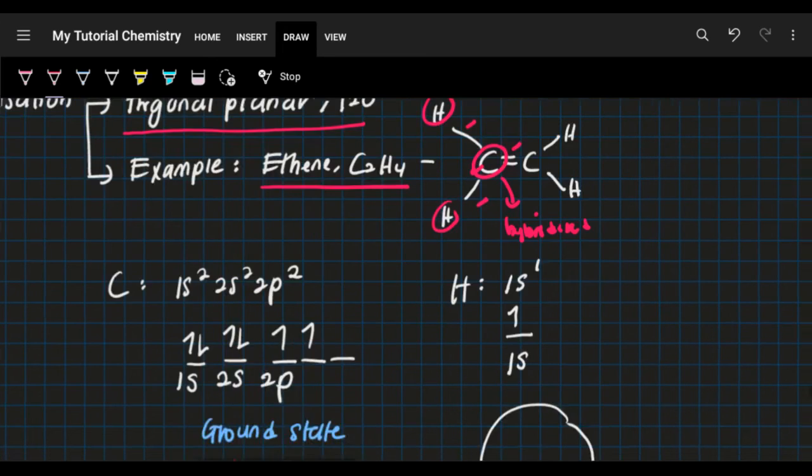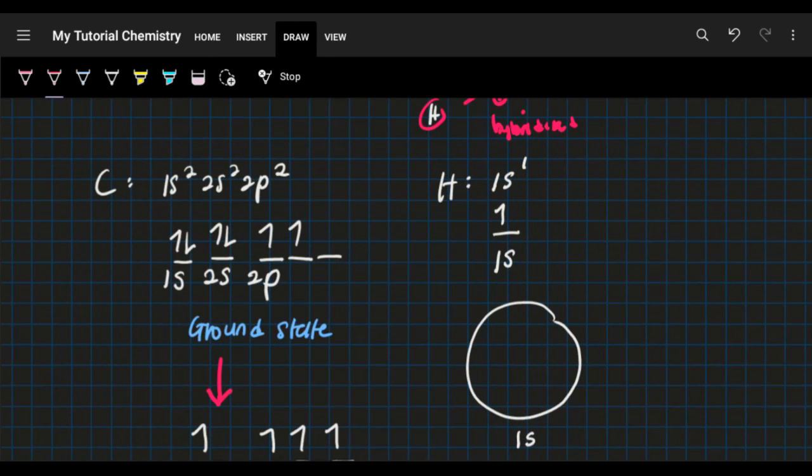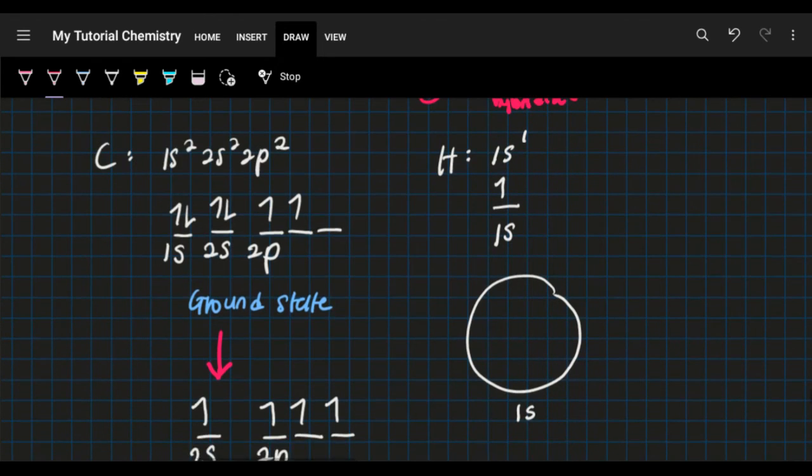Only the central atom hybridizes its orbitals. So write down the electron configuration and orbital diagram for both atoms. Hydrogen does not undergo hybridization, so it remains in its original spherical shape. But carbon has 2 single electrons.